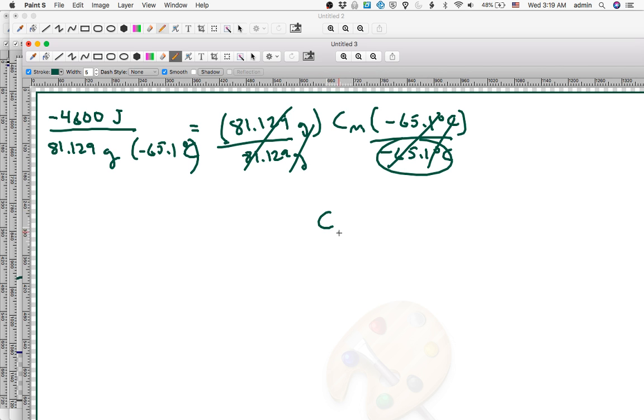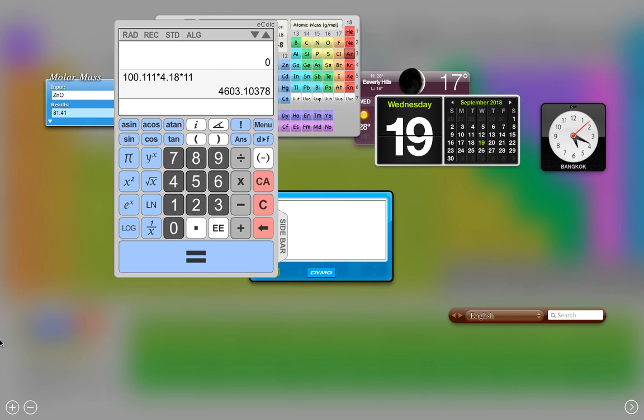So on this side, I just have cm, and that equals, do it on the calculator over here, 4,600. Do you want me to put the negative? I usually just do that separately, but I'll do it for you. 4,600 divided by 81.129 divided by negative 65.1.